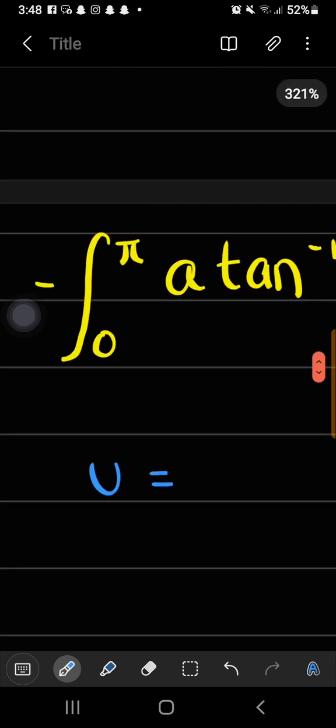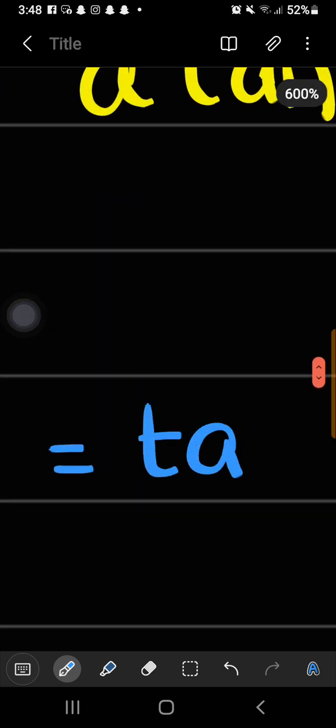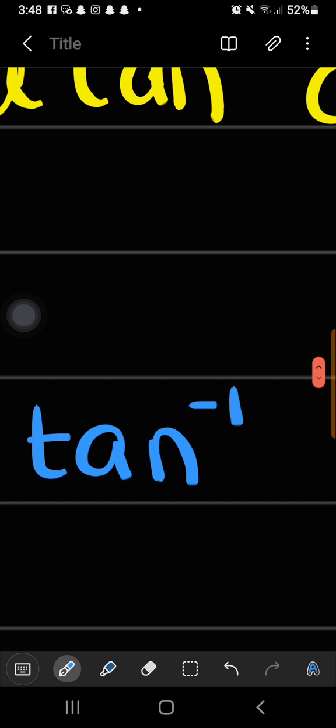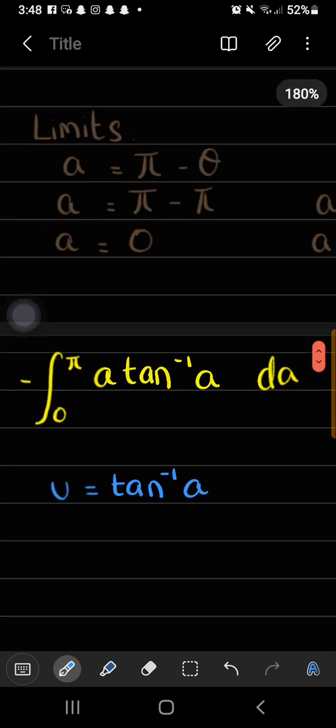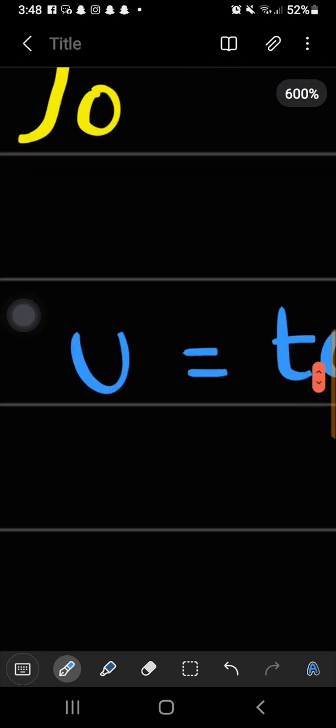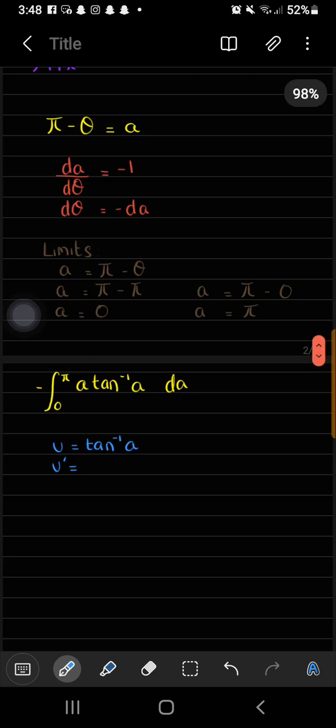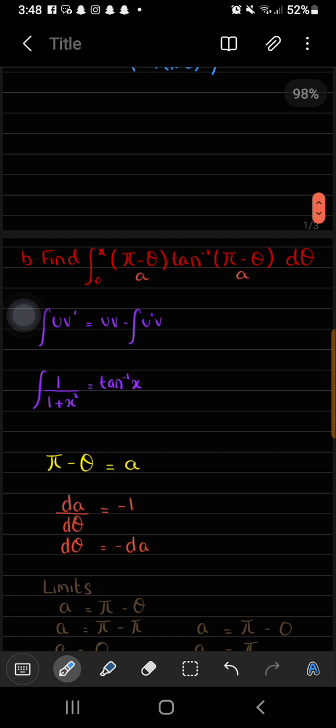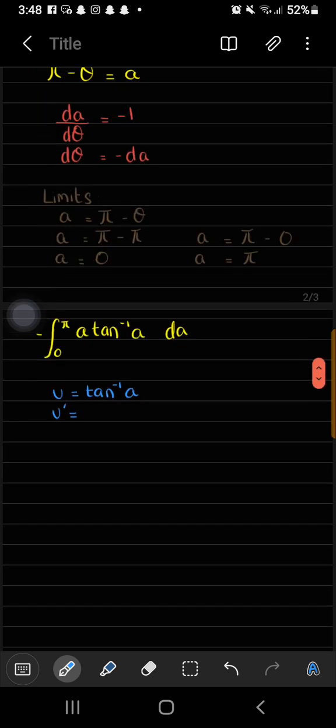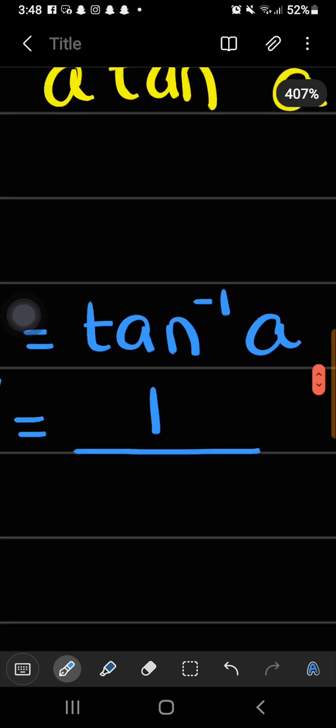I'm going to write here u is equal to tan inverse a. And if we have to differentiate this, we have to know that the differentiation of this will be 1 upon 1 plus a square.